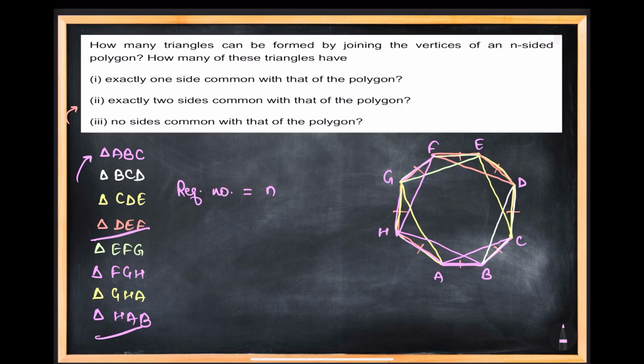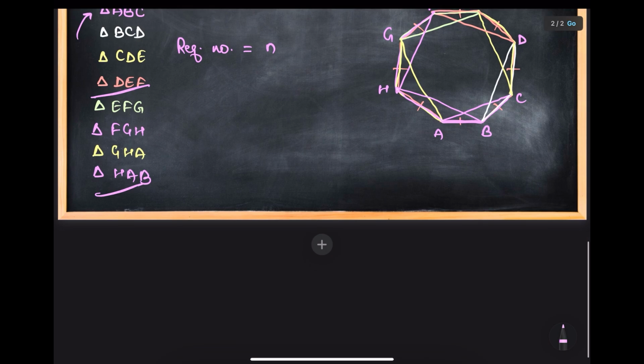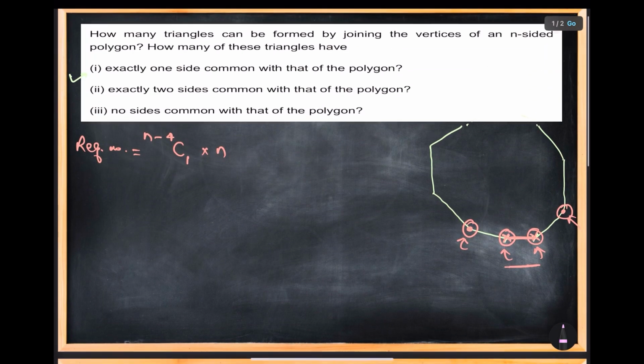Because for the octagon we got 8, nonagon we get 9, decagon we get 10. Similarly, for a polygon with n vertices, we will have n triangles that share exactly two sides in common with the polygon. Correct? Now let's move on to the third part.